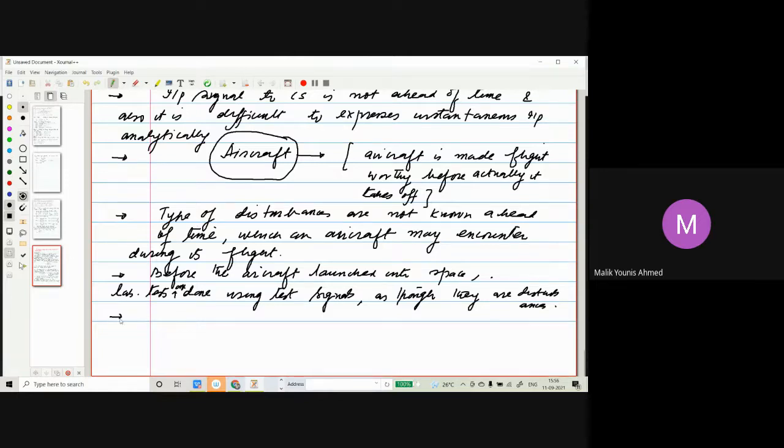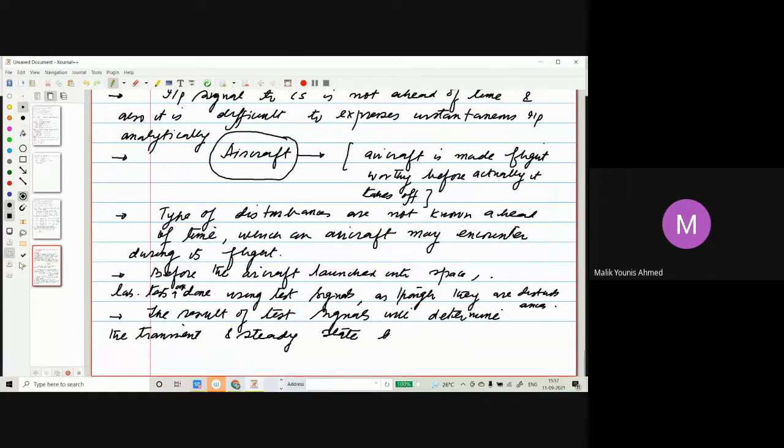So what's the objective? The objective is that the result of the test signals will determine the transient and steady state behavior of the aircraft.